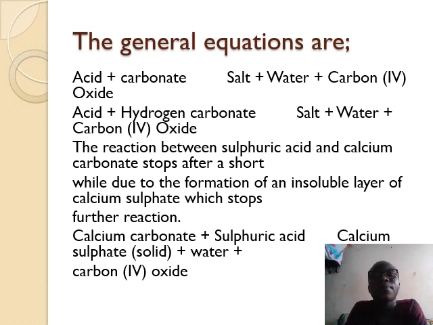Upon bubbling the gas through lime water, a white precipitate will be formed due to the formation of insoluble calcium carbonate. And on further bubbling, the solution will turn colorless due to the formation of calcium hydrogen carbonate, which is soluble.